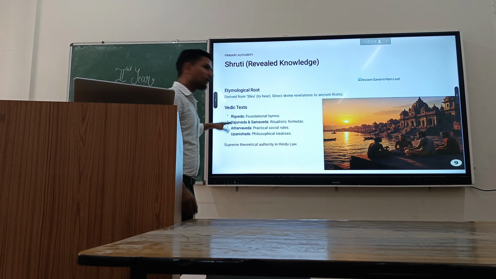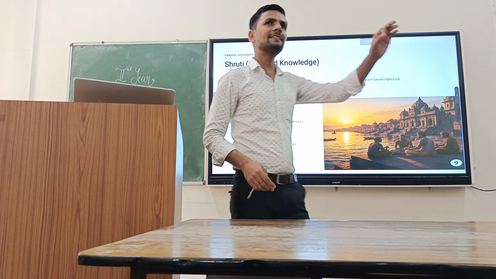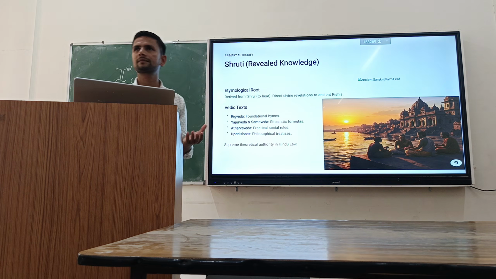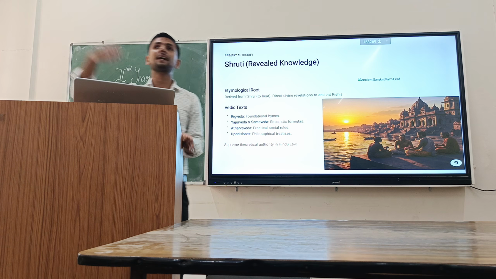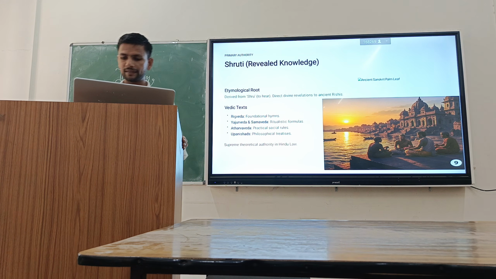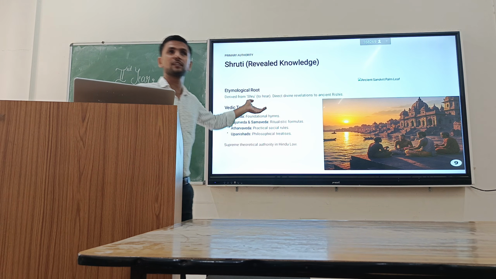These four Vedas are again classified into four different sections. One is Sanhita, the actual hymns and mantras. Next is Brahmanas, which means the explanation of the Vedas. Then we are having Aranyaka, and then the explanation of the Vedas in the Upanishads.